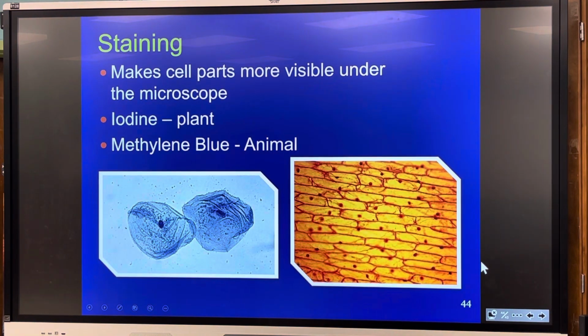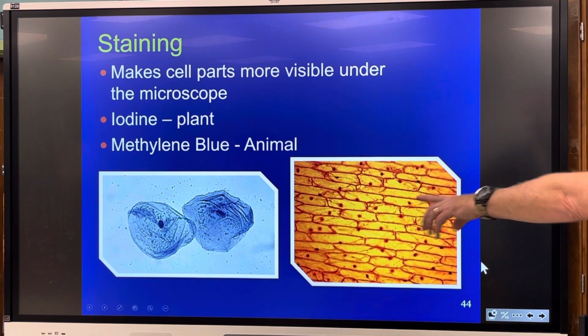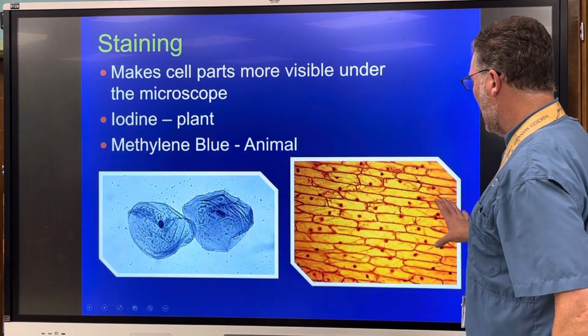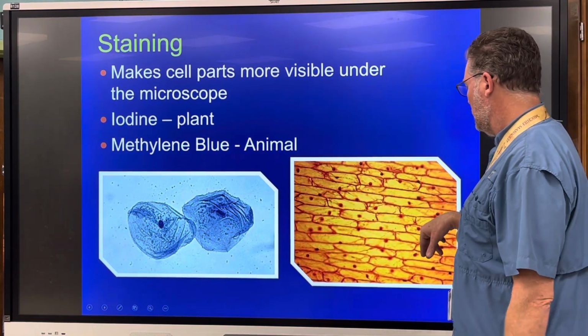And then finally, we have staining. So staining, as I mentioned before, when I talked about epithelial cells, like the cells lining your cheek inside your mouth, that's what these are, okay? And these are plant cells, obviously, because they're rectangular.